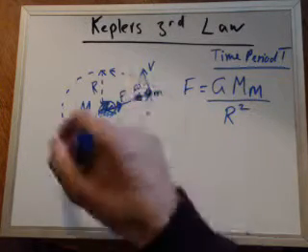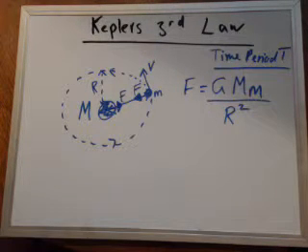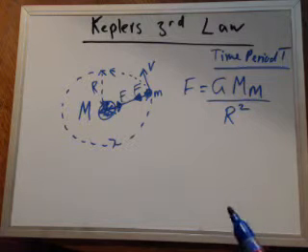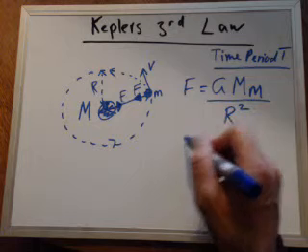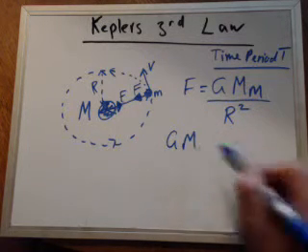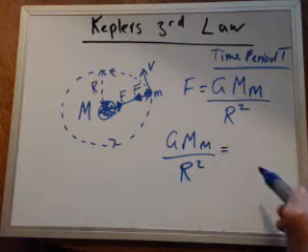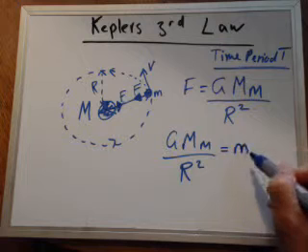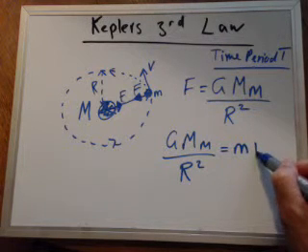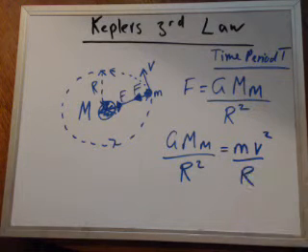Now that is acting in a circle, so it will feel a centripetal force. So it will cause a centripetal acceleration, and so therefore what you'll find is that this force GMm over r squared is responsible for a mass times acceleration, but it's a centripetal acceleration, so m times the velocity squared over r.